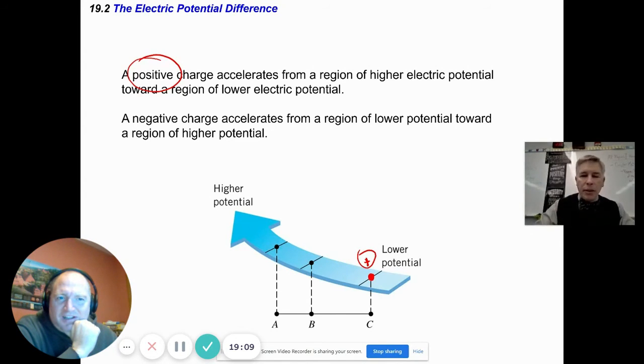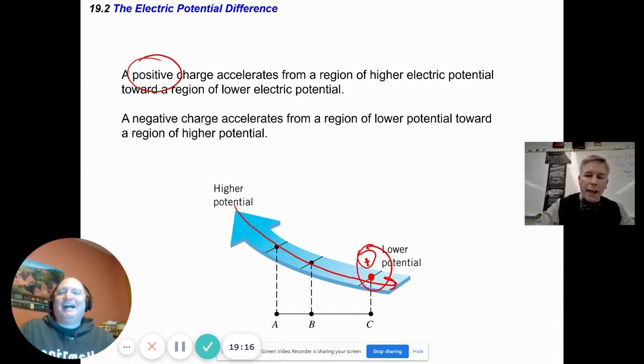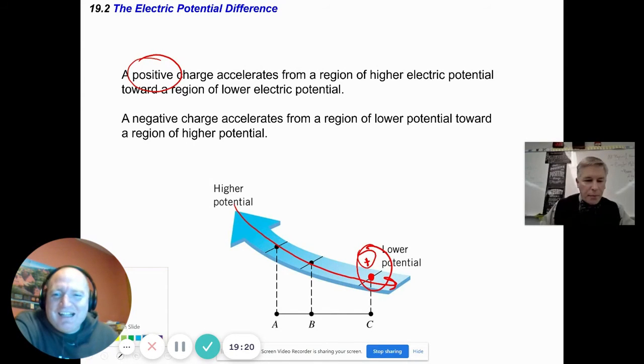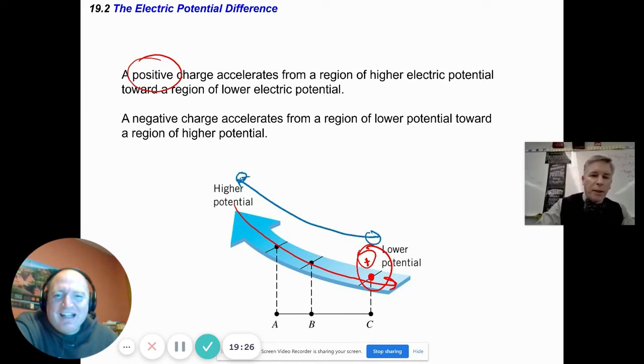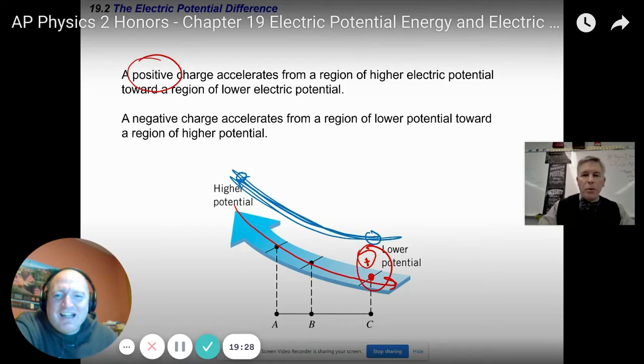So if we talk about this positive charge, this is where the positive charges would want to end up. And if we switch this out for a negative, if this was a negative charge, it would tend to go up. So we end up with negative charges up here. And so we get them moving.